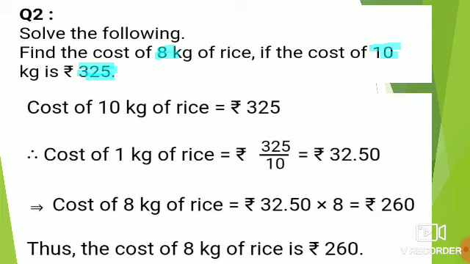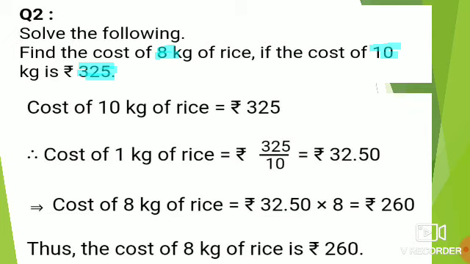That's why you have to divide here. Write the formula. Cost of 1 kilogram of rice is equal to total cost upon rice in kilograms. So you can write there 325 upon 10. After dividing, you will get 32.5.